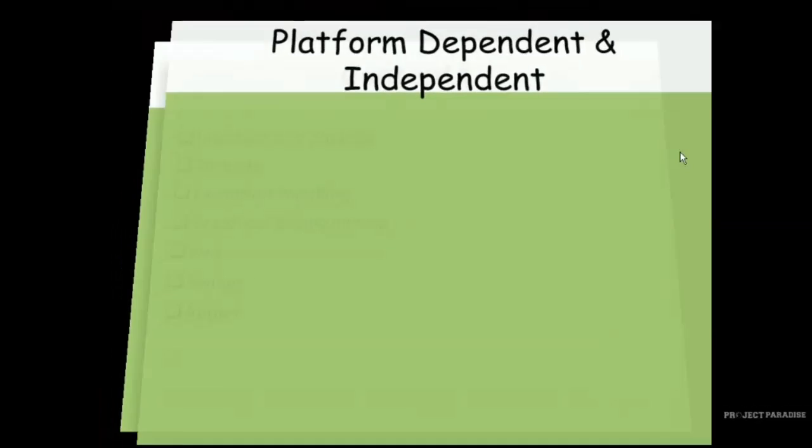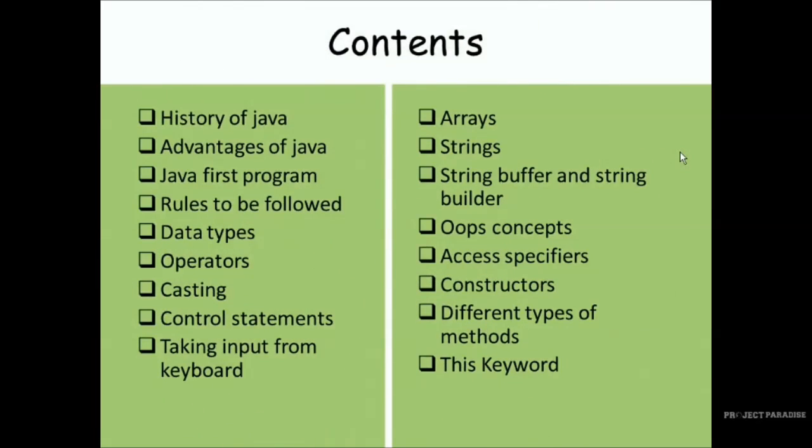So before moving into the history of Java, it is important to know what do you mean by platform dependent or independent, because this was the core reason which made for the evolution and birth of Java.